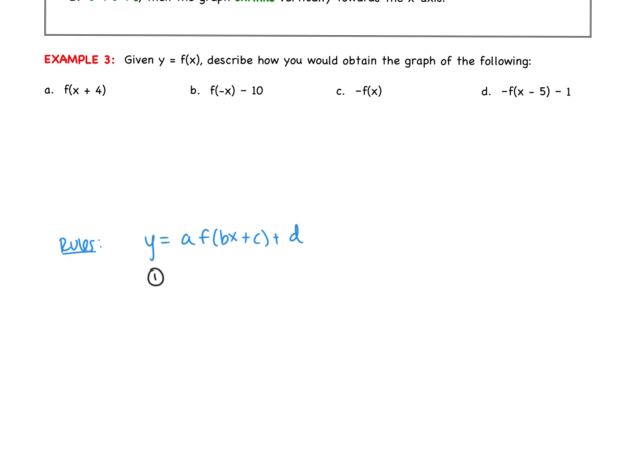First idea. Anything inside parentheses affects X. So B and C that are inside parentheses are going to affect X. Anything outside the parentheses affects Y.